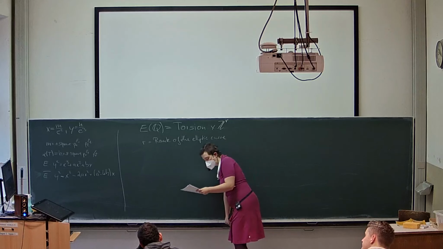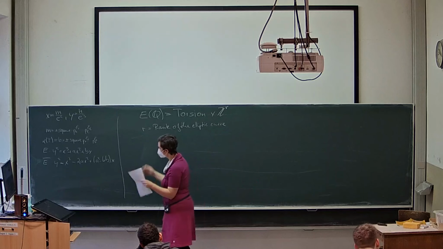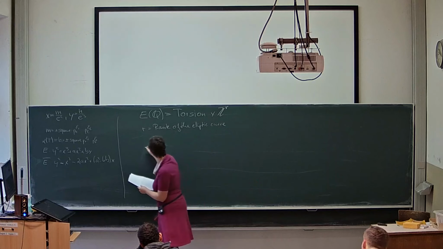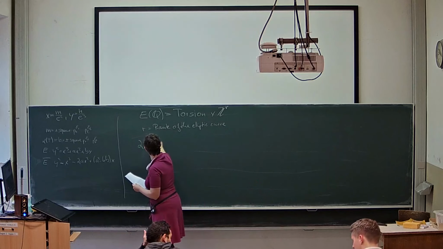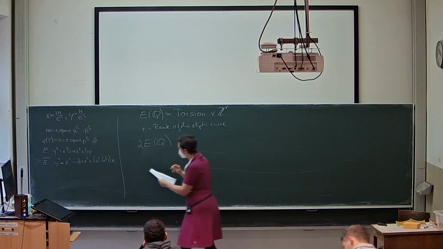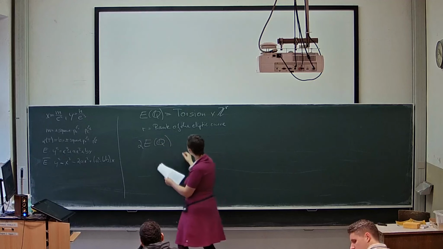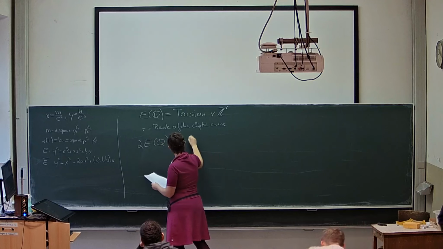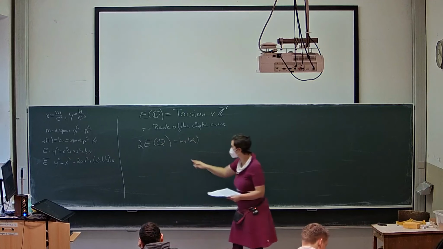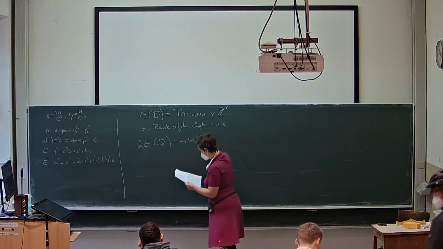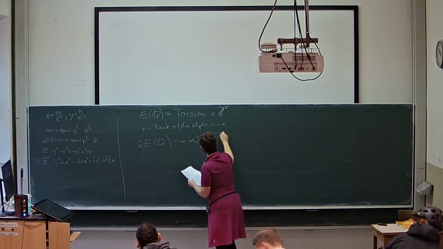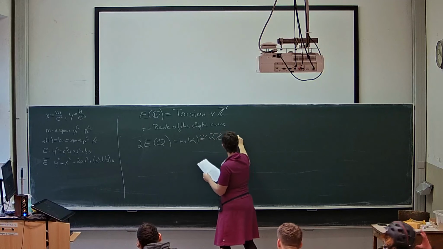So the important thing that we proved, or basically proved because we had some black boxes, is that the group of the double rational points is the image of this alpha, and this is isomorphic to this.